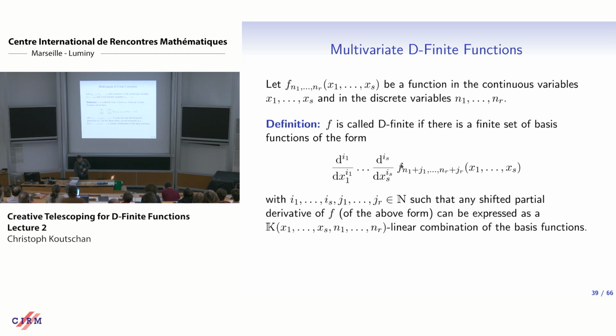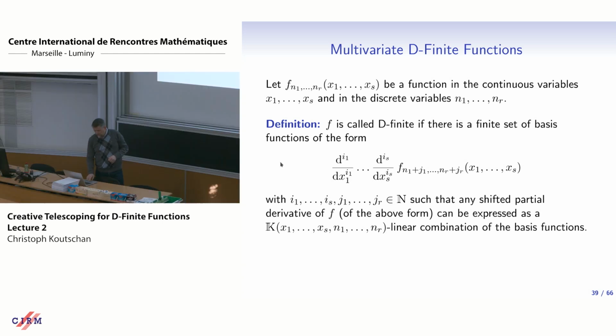And these basis functions are just certain shifts and differentiations of the original function. So there are integers j1 to jr. They could be all 0, for example, and here we have the i-th derivative with respect to x1 and so on.